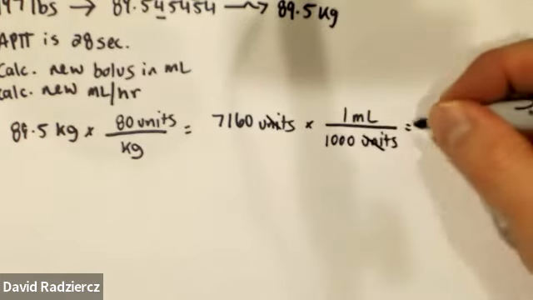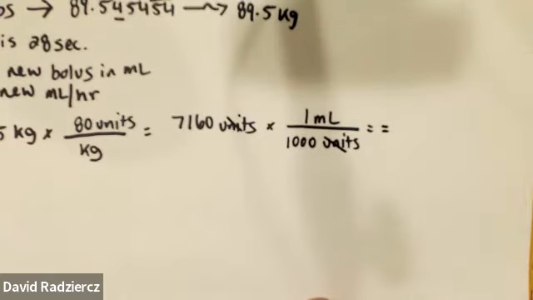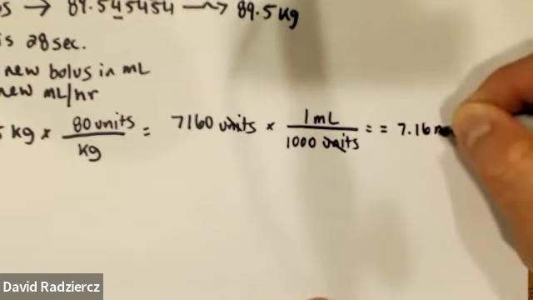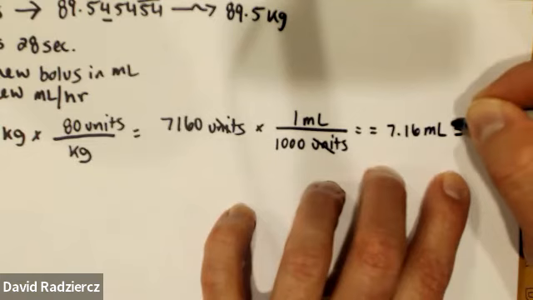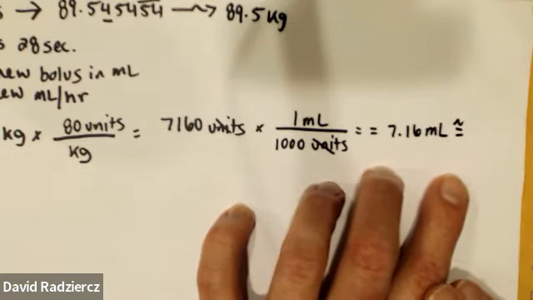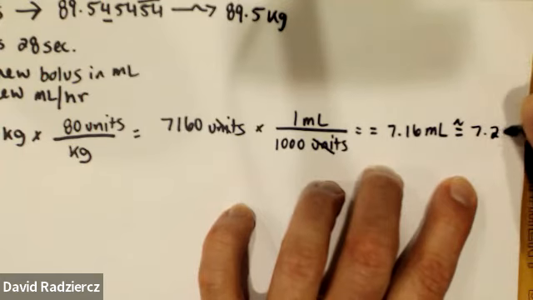I'm going to eliminate units, and then I'm going to get 7.16 milliliters. And then again, just because this is what we're doing, I'm going to round that to 7.2 milliliters.